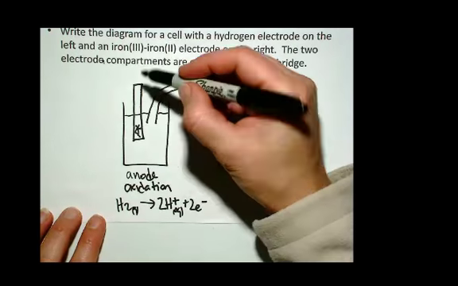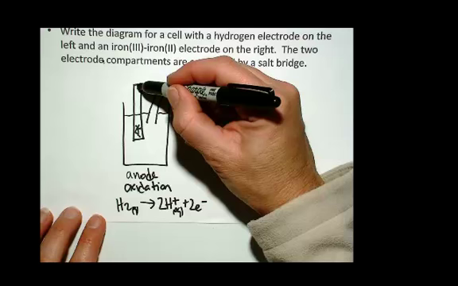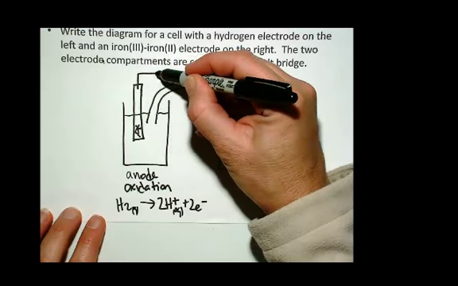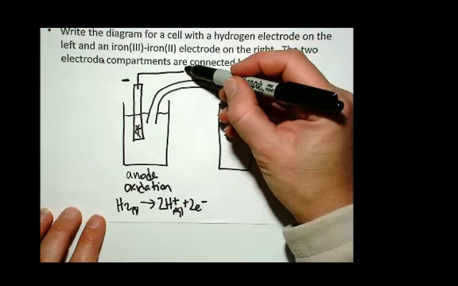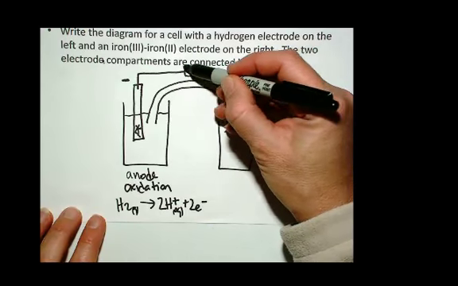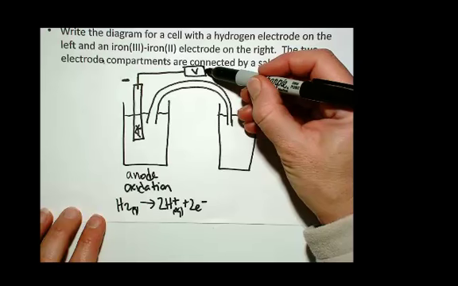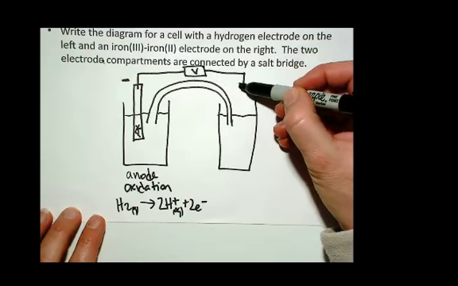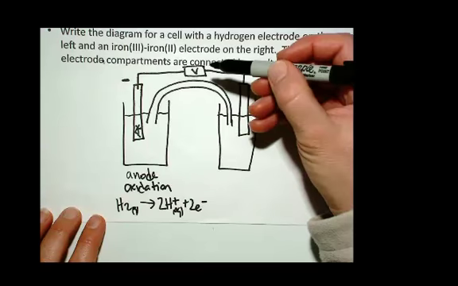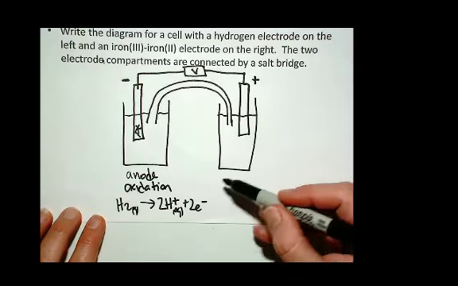A piece of platinum is going to be immersed in this solution, and there's going to be a wire attached to it. This is going to be the anode, so it's negative, where the electrons are produced. I have a little voltmeter here, so some voltage, a load, is going to be applied across this. I know this is going to be the cathode, the positive side.